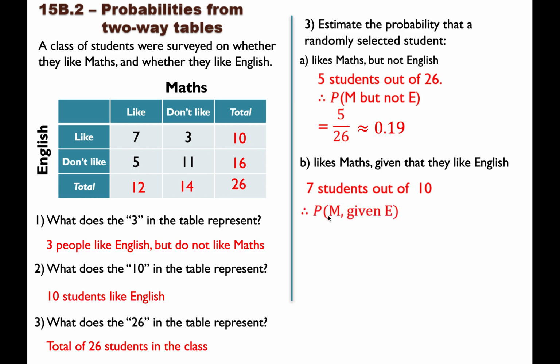So the probability of liking maths, given that they like English, so out of that group, is 7 out of 10, which is 0.7. And that, my friends, is how you can use two-way probabilities to calculate not just probabilities, but probabilities given a certain fact, which is fascinating.